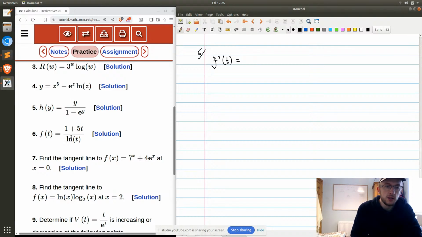Differentiate the top, leave the bottom one alone. So we will have 5 ln t. Then a minus sign. Differentiate the bottom, leave the top alone. What's the derivative of ln t? 1 over t. Leave the top alone.